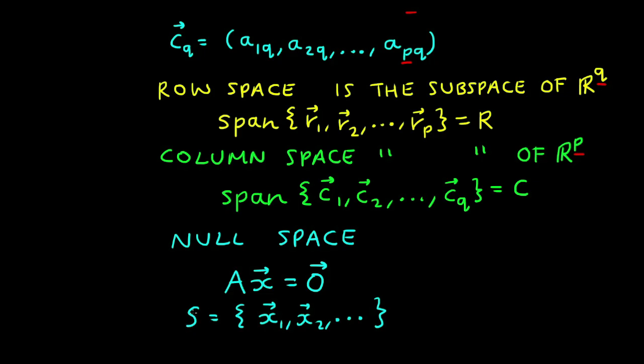So the solution space of Ax equals 0 is the null space of the matrix A, and the null space is also a subspace of Rq, or the vector space of q tuples. Because remember that each row vector had q components, and therefore each solution vector will have the same number of components.